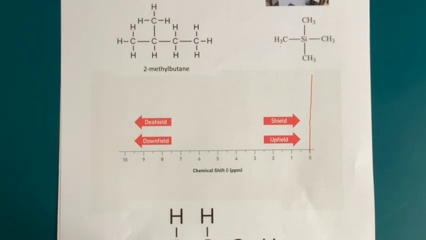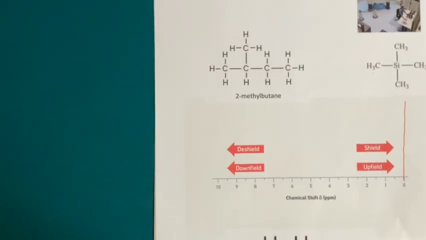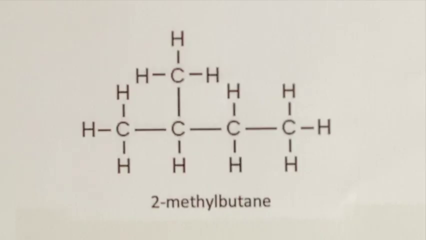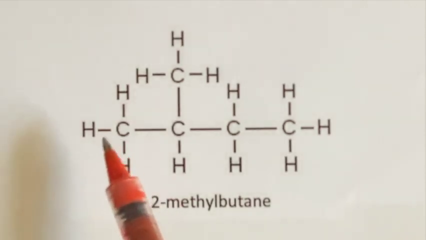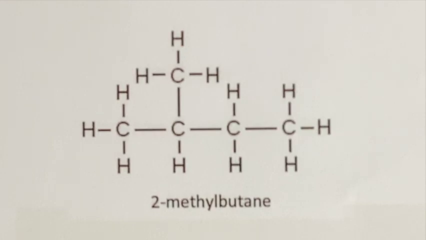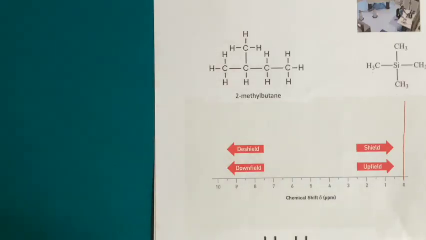But now let's get to an understanding of what you, the student, would have to do in the examination. And here we have now 2-methylbutane, as you can see, butane because 1, 2, 3, 4 in a straight line, and a methyl group there on carbon atom number 2. What is its NMR spectrum going to look like?